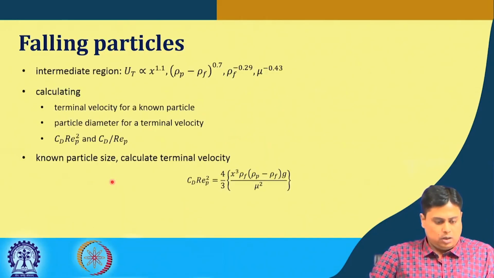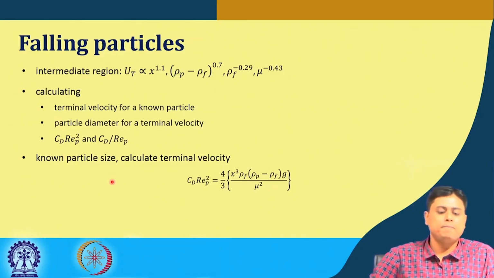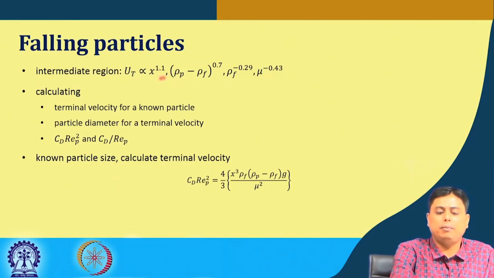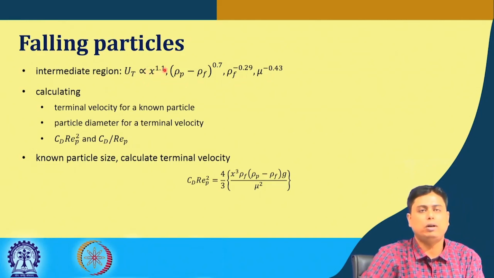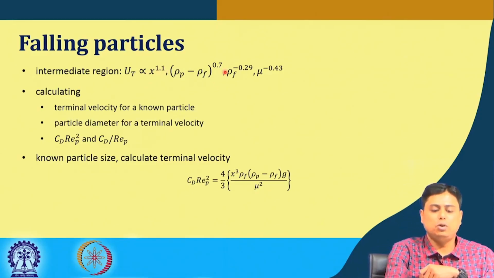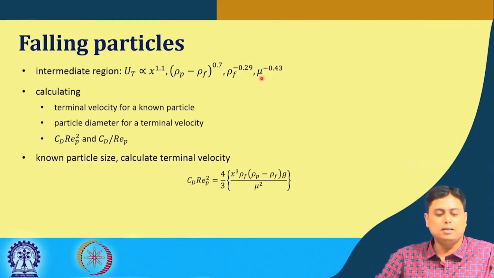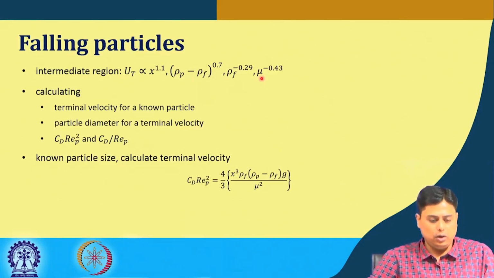In the intermediate region, as such there is no correlation, but it depends on these parameters; researchers have come up with a kind of parameter proportional to x to the power 1.1, the diameter to the power 1.1, and relative density to the power 0.7, this kind of number. You can understand it is difficult, and as such there are no clear-cut correlations available to do that.